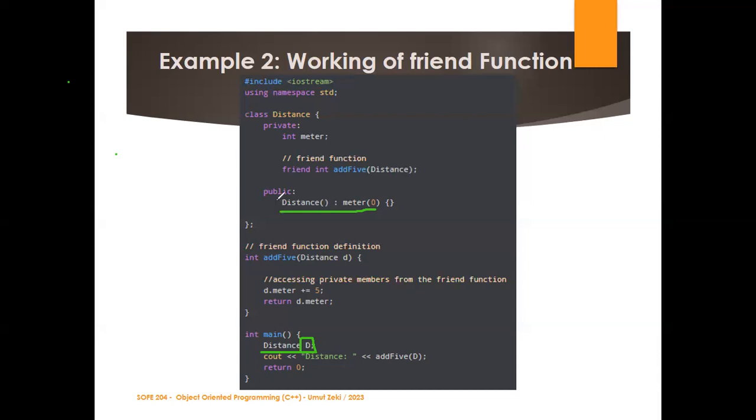Of course, you know that this is a constructor, but if you do it like this, it means that you are initializing the meter variable to 0. So when the object is created, the constructor will be executed and the meter variable will be 0.